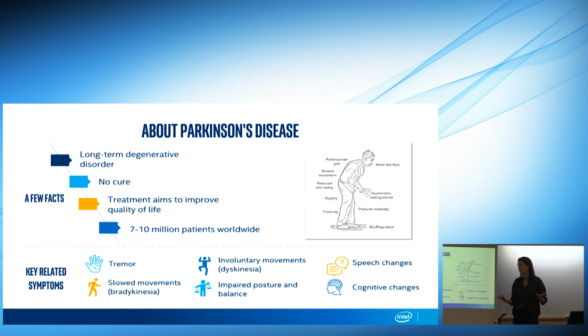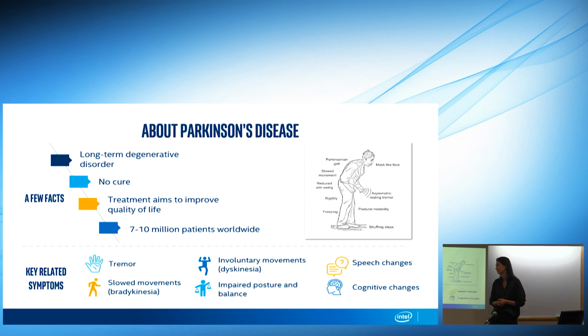All of the treatments that are available today are focused on improving the quality of life for those who suffer from Parkinson's. There are a lot of pharmaceutical companies today that are trying to develop drugs that will change the course of the disease, slow it, and perhaps cure it in the future. But as of today, there is no cure.